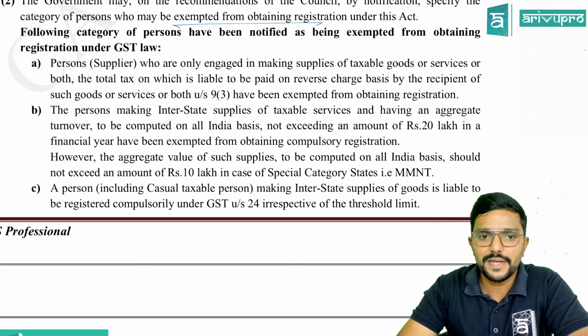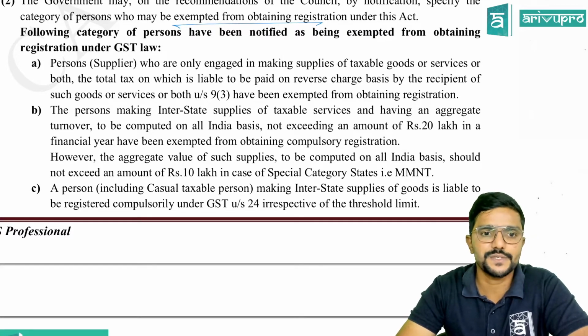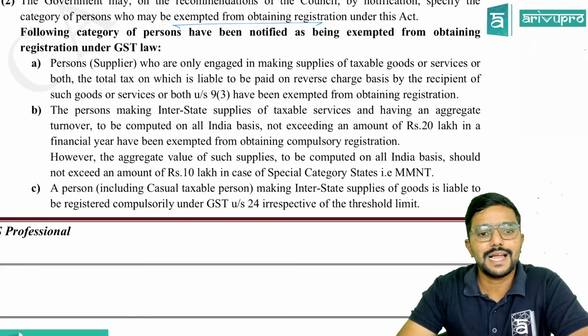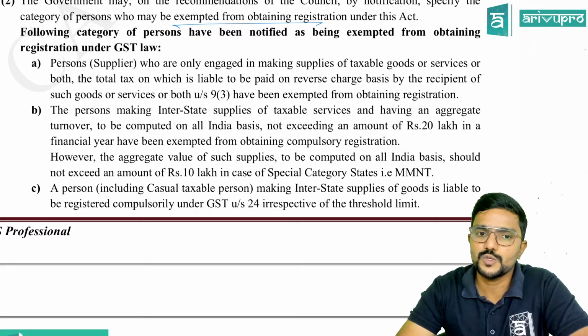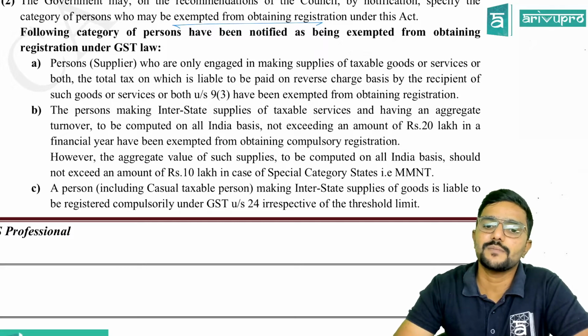Persons, that is the supplier, who are only engaged in making supplies of taxable goods or services, or both, the total tax on which is liable to be paid on reverse charge basis by the recipient of such goods or services, or both, under section 9(3) have been exempted from obtaining registration.